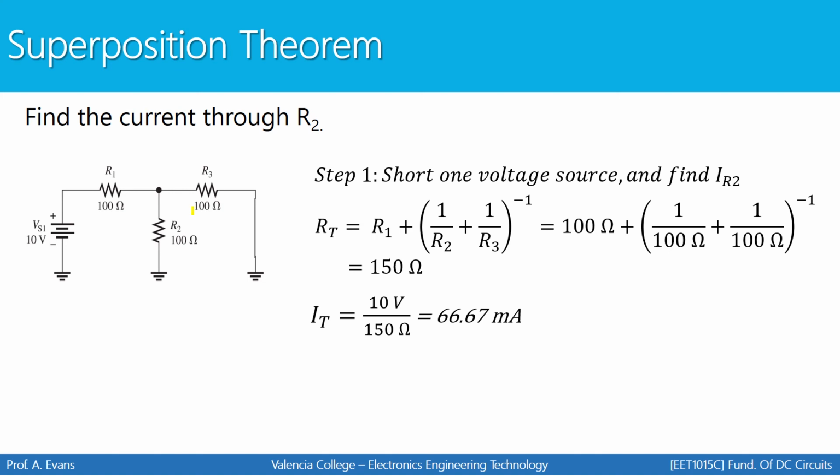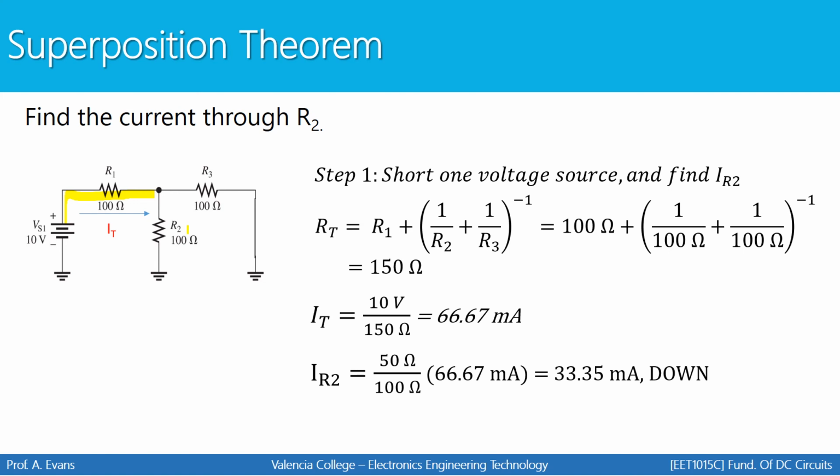Now I know the total current that flows from the source and into that node, and then it'll split. I need to know how much will go through R2. So I'm going to do a current divider. The current divider has to have this parallel combination on the top.